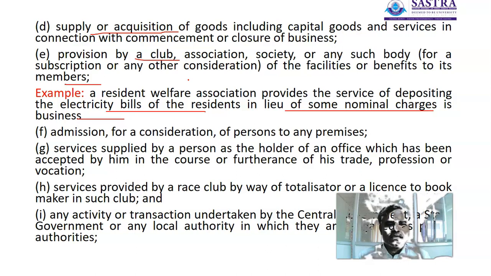They are providing service to all the people living in the apartment, regarding the payment of EB bill, water bill, and corporation bill. Instead of the tenant or householder, they pay on behalf of them.